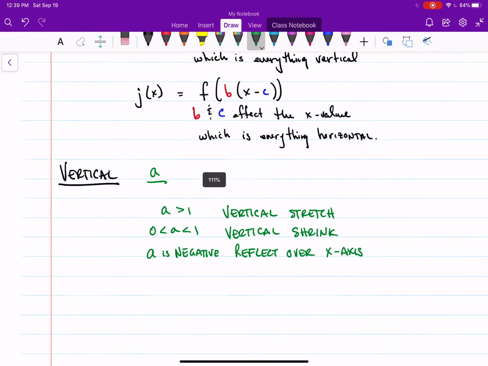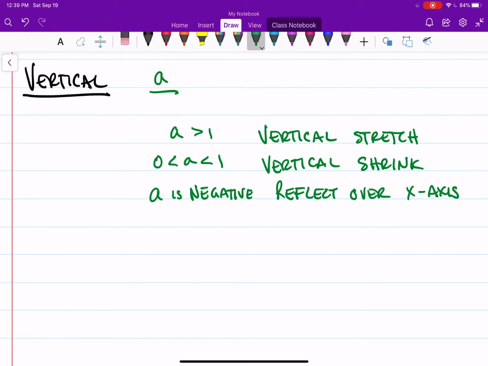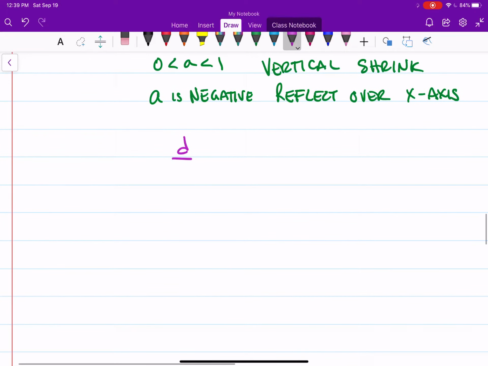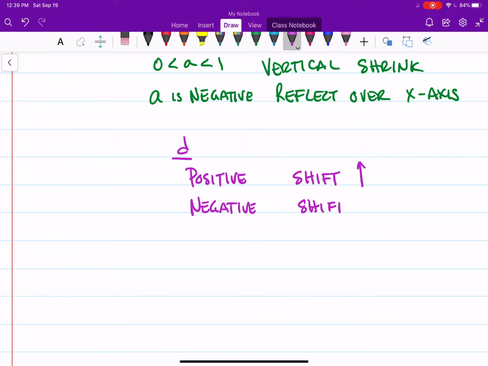Okay, so let's talk about the other part, d. How would d affect everything? Well, if d was positive, then we would shift up, because again, it's vertical. If it's negative, we will shift down.